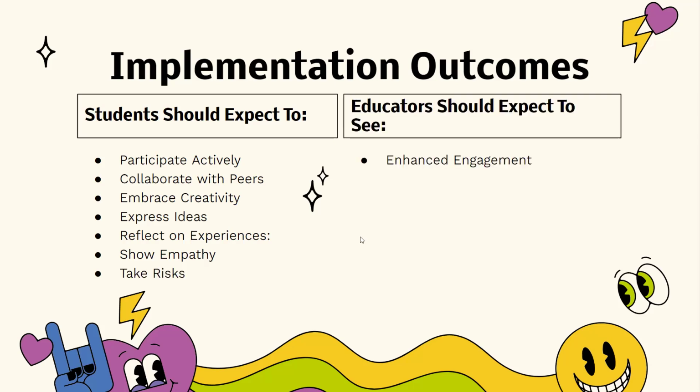And educators should expect to see enhanced engagement in their students because students tend to be more motivated when they're able to access their creative brain. They should see improved comprehension because these skills actively help students internalize and comprehend the skills and knowledge that they are learning.